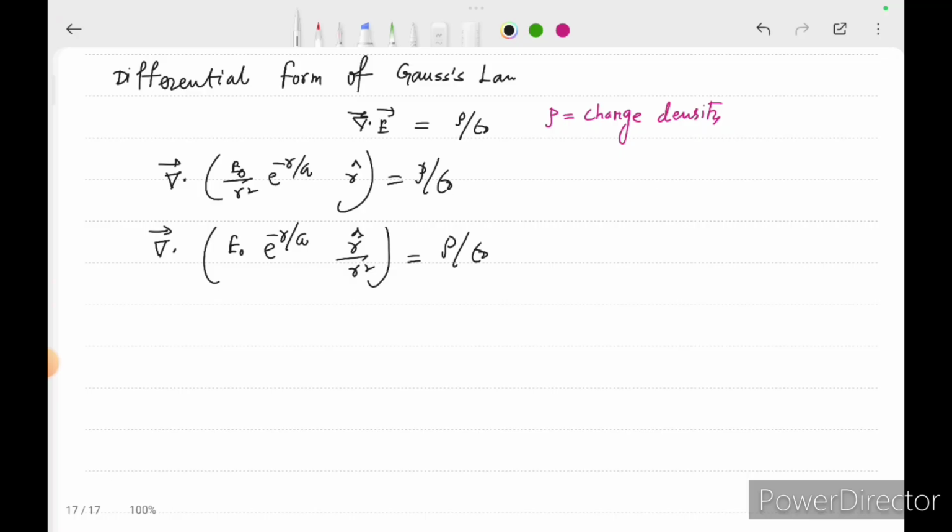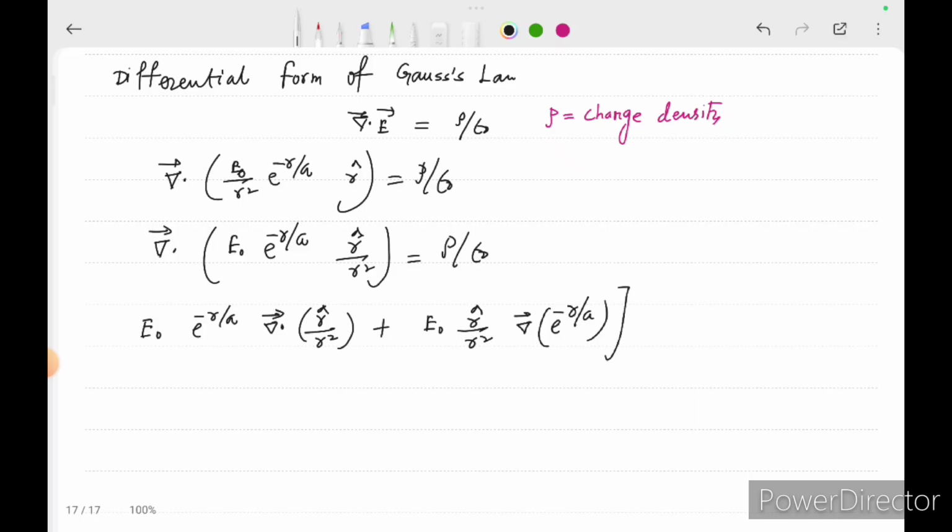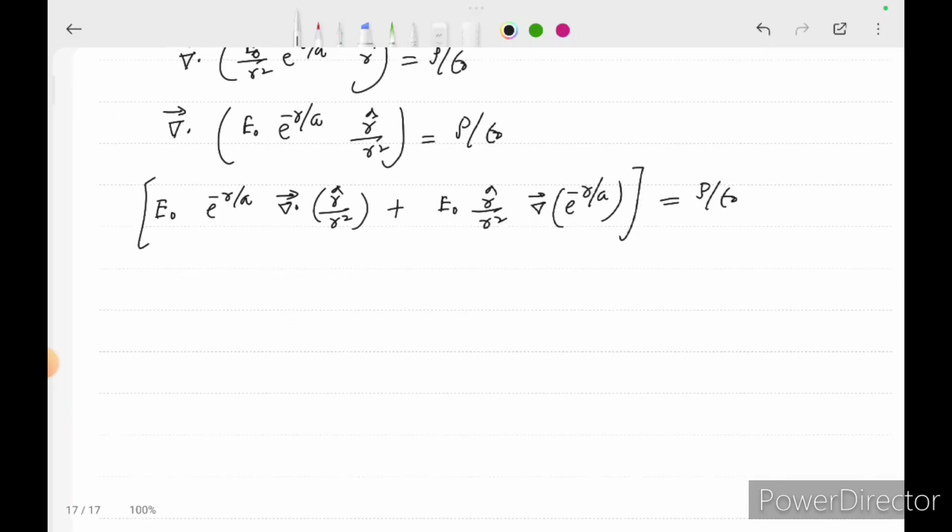So that is equal to E0 e to the power minus r by a times the divergence of r cap upon r square, plus E0 r cap upon r square times the gradient of e to the power minus r by a, which is equal to rho upon epsilon naught.